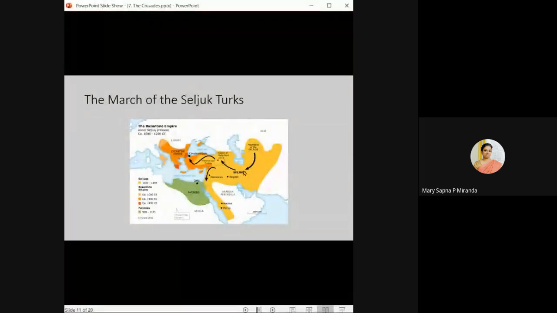That was taken over by them, then slowly moving towards these regions, that is the Byzantine Empire. If they continued like this without being opposed, it would be like a cakewalk for them just to walk over to the western regions of Europe, and the whole of Europe would be under their control. So this map shows us the march of the Seljuk Turks.